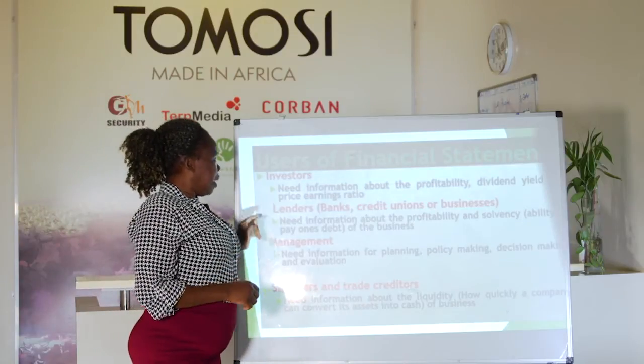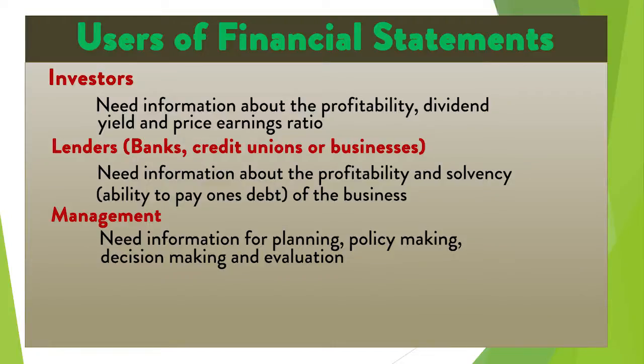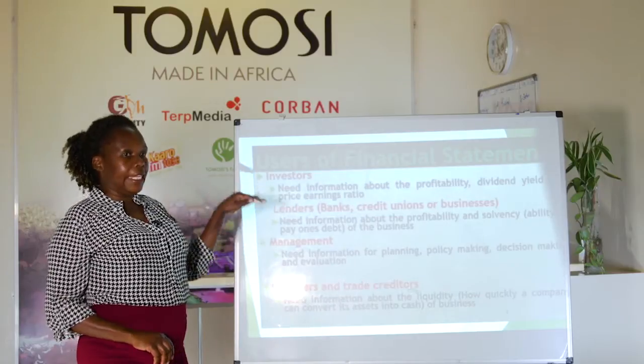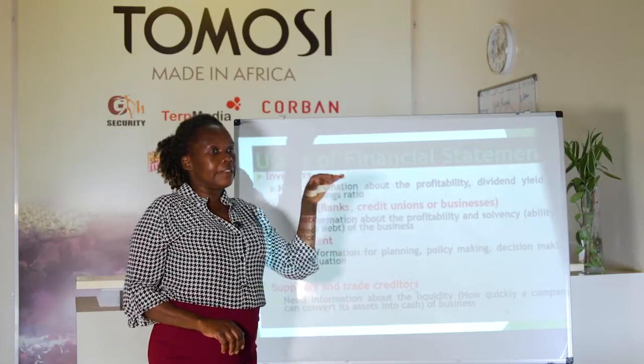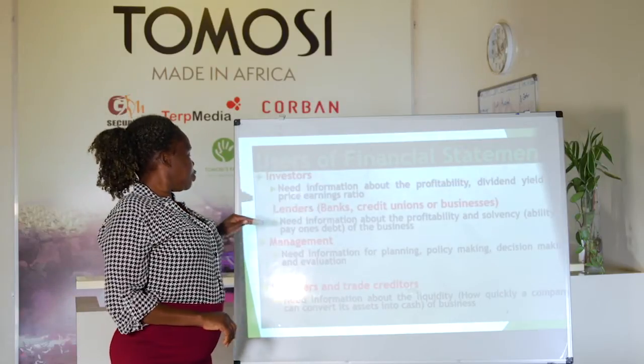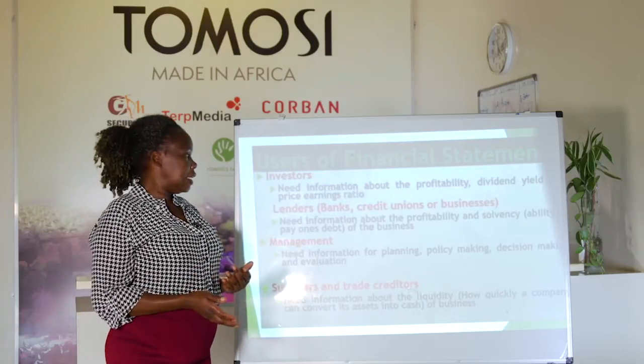The managers or management need information, one, for planning, policy making, decision making, and evaluation. This is what we have always done on a yearly basis during our retreat. We are doing planning. Managers are doing policy making and decision making. Decisions are made more or less on a day-to-day basis.